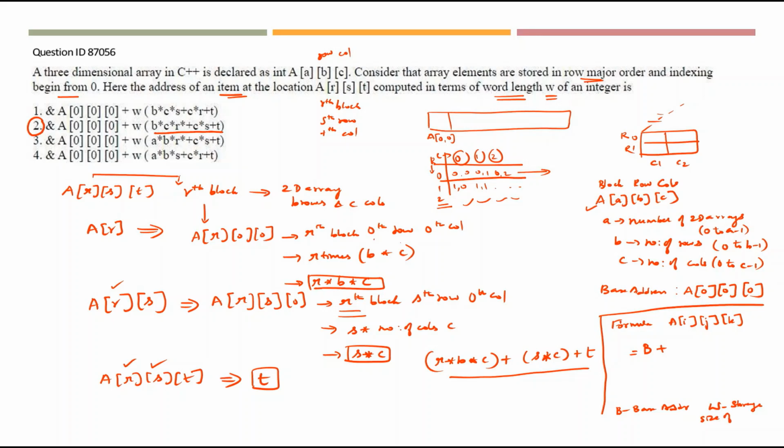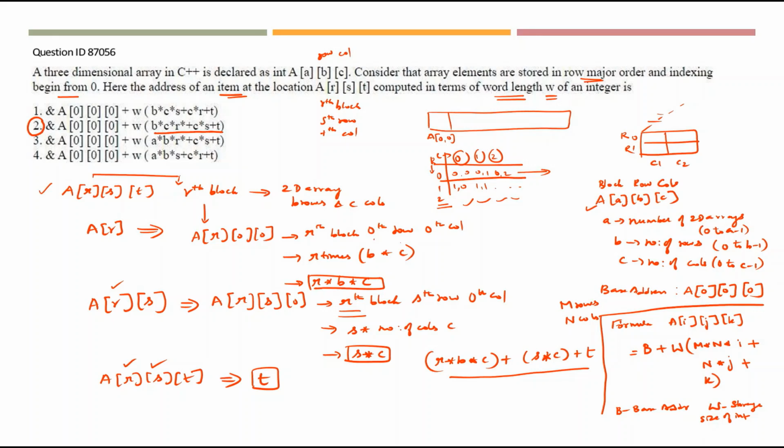Here they have used integer W into, in general, for this table we have m number of rows, n number of columns, and they have given some lower bound of m rows and n columns. I am not including those details inside. I am just giving you whatever is needed for this answer. So now m into n into the block I plus n into the column count into the row j plus k.